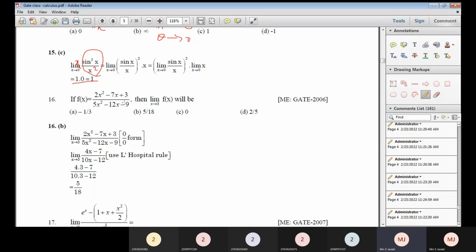So you can directly substitute x tends to 3. 2 into 3 square is 9, minus 7 3s are 21, plus 3. This is the numerator term. For the denominator, substitute 5 into 3 square 9, minus 12 into 3, 36, minus 9.